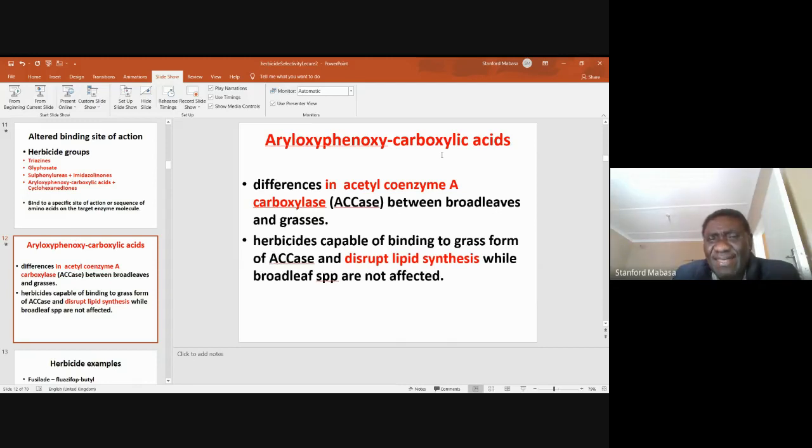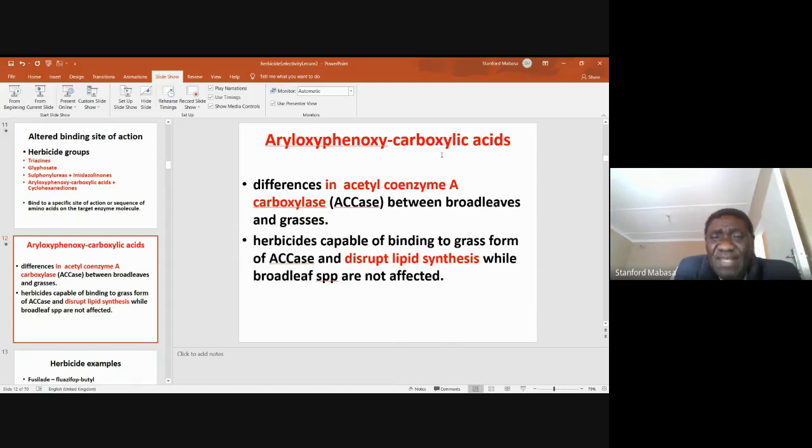Now, in grasses, this enzyme combines with the herbicides. After the combination, you get a disruption of a process known as lipid synthesis, and this will cause the grasses to be killed.